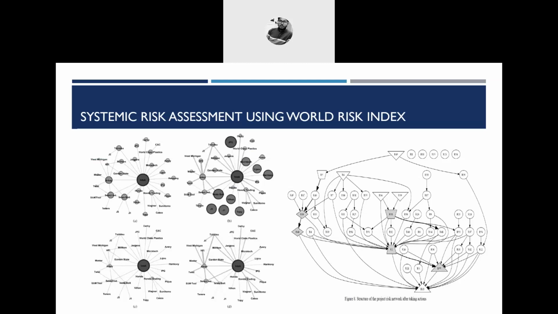So complex networks can basically be used to identify key factors contributing towards systemic risks. They can also be used to study how individual companies behave in terms of their own risk evaluation or own risk behaviors.